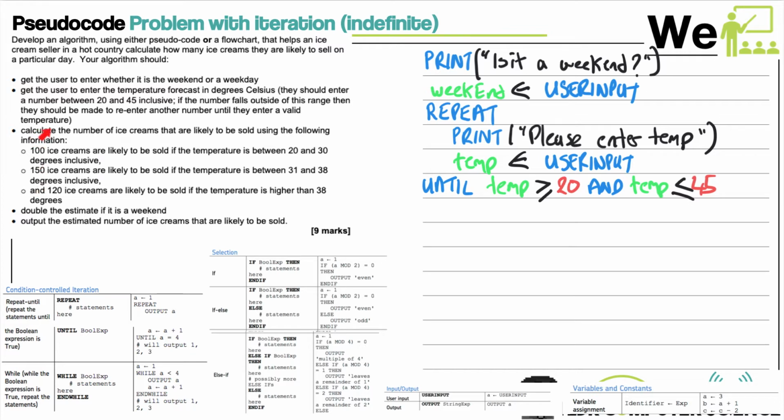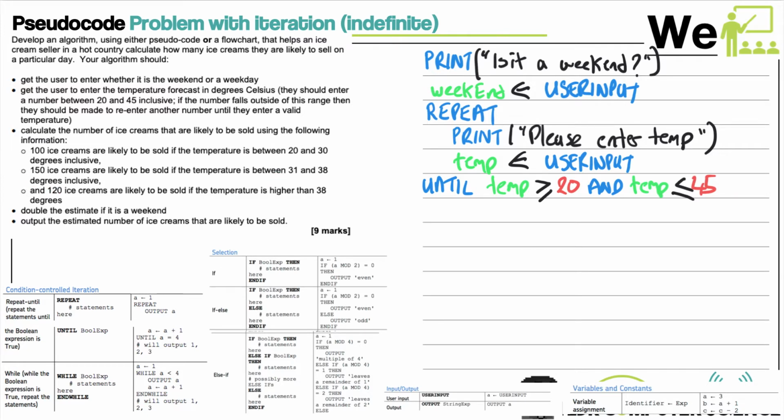Okay, we're now in this bit here. So this looks like one of the more substantial bits of the algorithm. Calculate the number of ice creams that are likely to be sold using the following information. Okay, 100 ice creams are likely to be sold if the temperature is between 20 and 30. If it's between 31 and 38, it's 150.